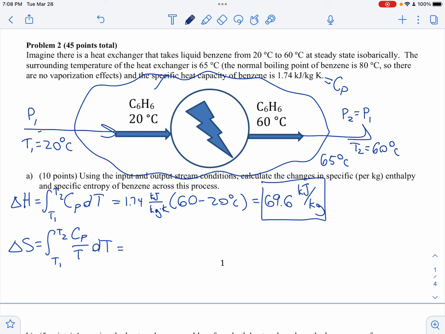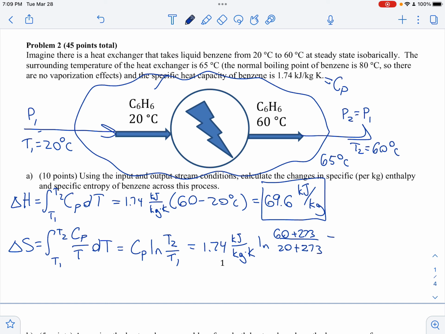And delta S is going to be the integral of Cp over T. Again, Cp is constant, so it's going to be Cp ln of T2 over T1, which is going to be 1.74 kilojoules per kilogram Kelvin times the ln of 60 over 20 degrees C converted to Kelvin.